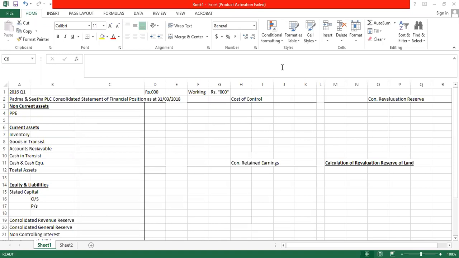The third one is if the majority of the board of directors can be appointed by a certain company, we call that company the parent, if they can appoint the majority of the BOD. The next one: power to cast the majority of votes at the meeting of the board of directors.